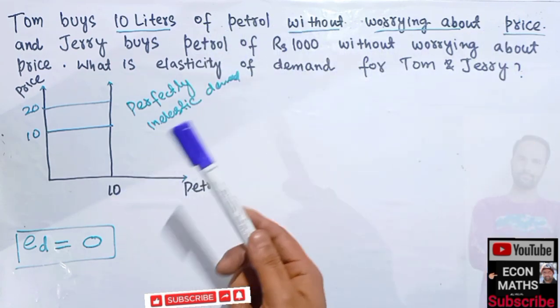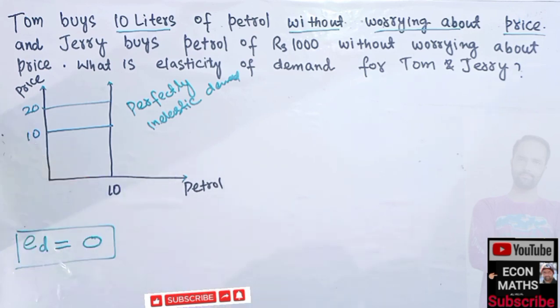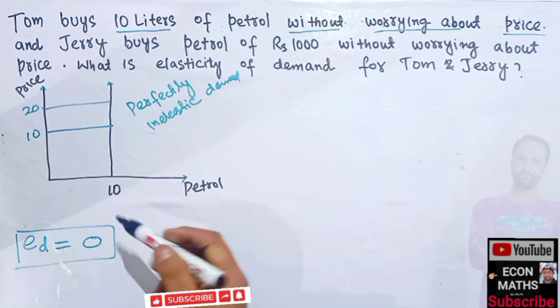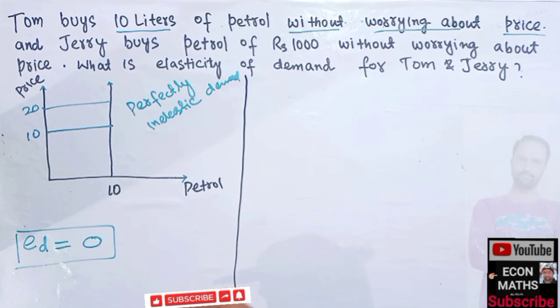He doesn't care about the price. If price is 10 or 20, he is going to demand only 10 liters. At that time we say price elasticity of demand is 0, and we have perfectly inelastic demand.